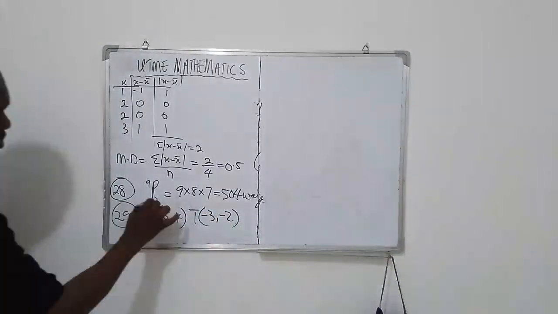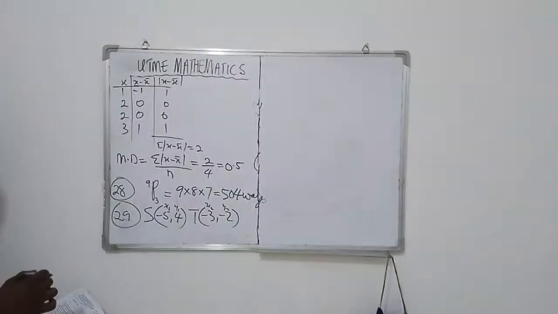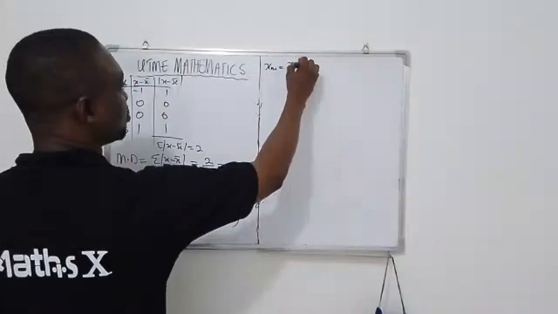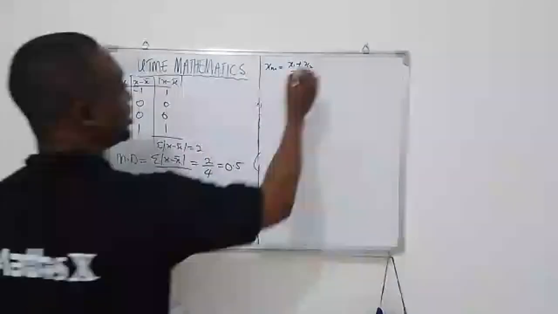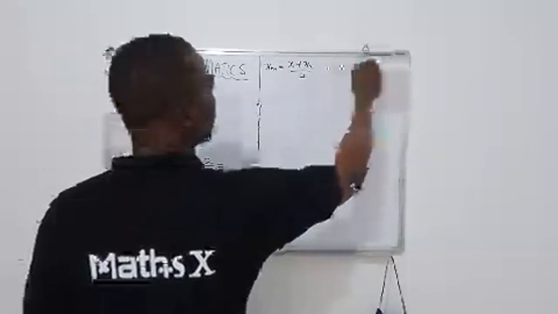First of all, this is my x1, y1. This is my x2, y2. The midpoint of x is x1 plus x2 over 2. I used this formula earlier. Midpoint of y is y1 plus y2 over 2.